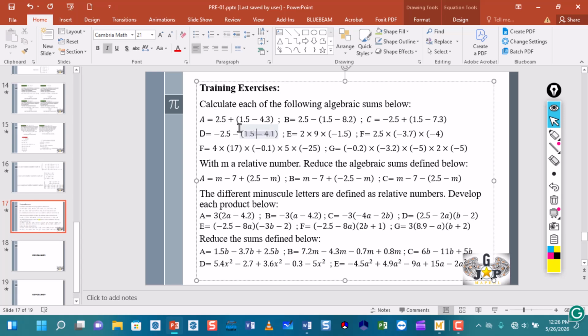So A plus into bracket B minus C gives you A plus B minus C. That is it, as simple as it is.